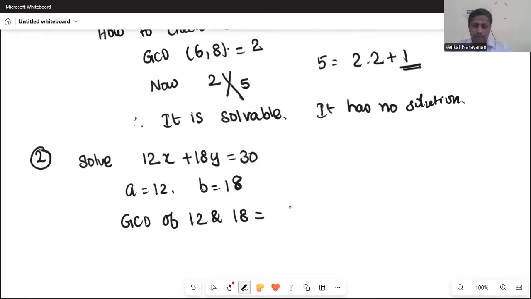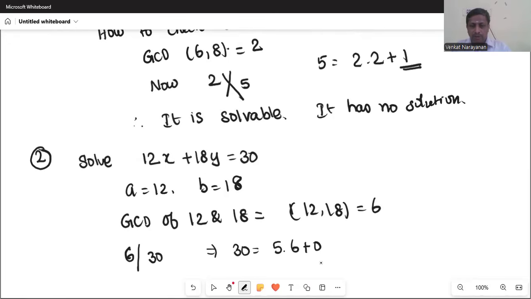The GCD of 12 and 18 is equal to 6. Now clearly 6 divides 30, because 30 can be written as 5 times 6 plus 0. The remainder is 0, so it is divisible. So definitely 6 divides 30, which means it is solvable and it has a solution.